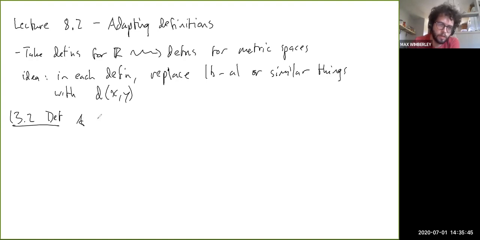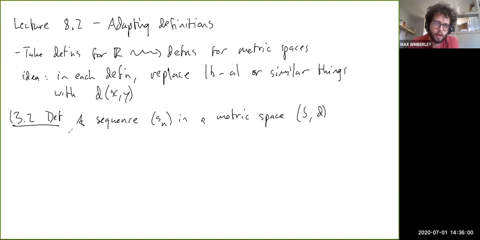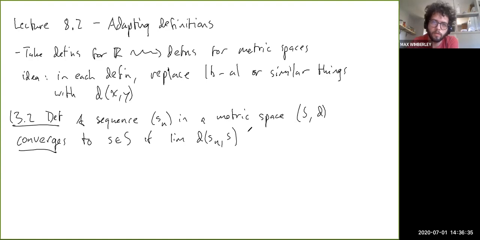A sequence Sn in a metric space converges to S in the metric space if the limit of the distance from Sn to S is equal to 0.